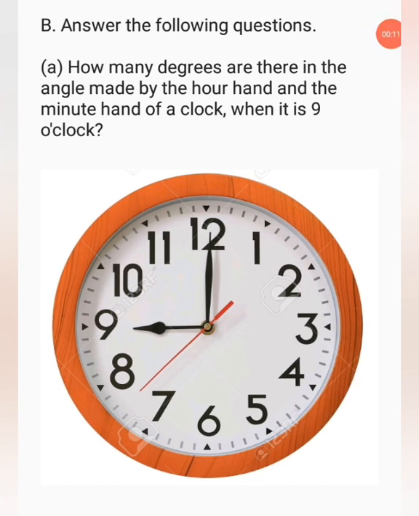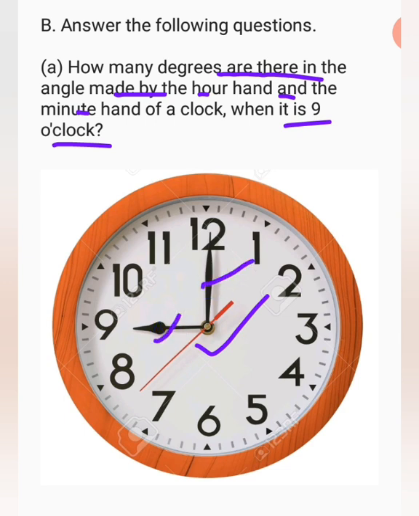Now the next question, how many degrees are there in the angle made by the hour hand and the minute hand of a clock when it is 9 o'clock? If we observe this clock, this is the hour hand and this is the minute hand. The hour hand and minute hand make an angle of 90 degree.